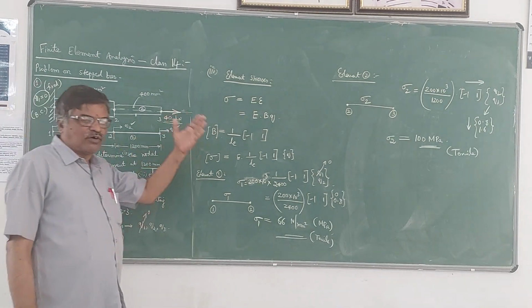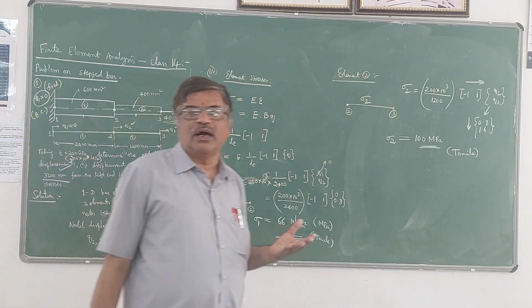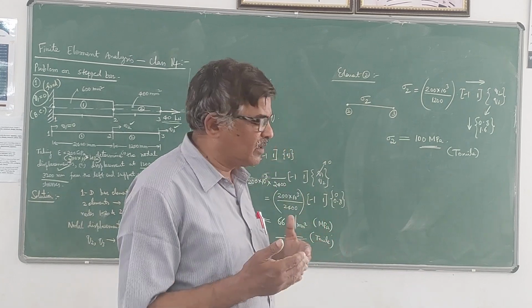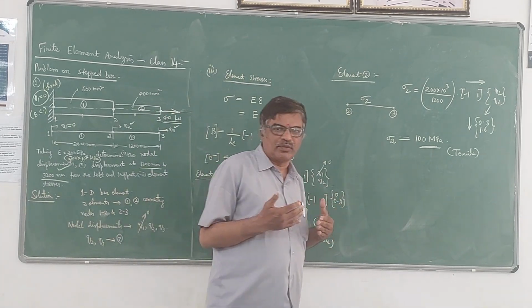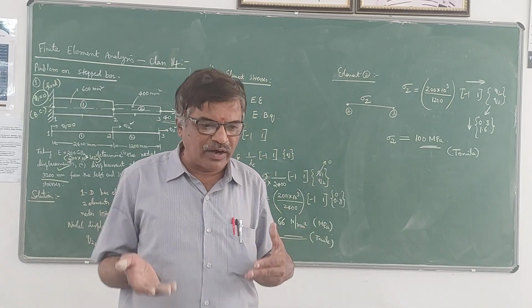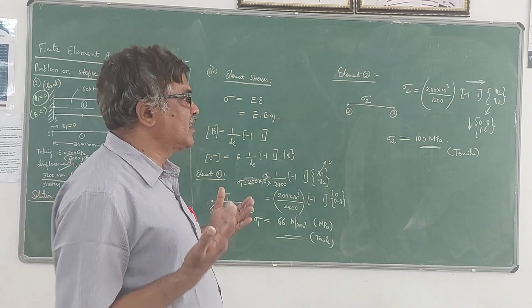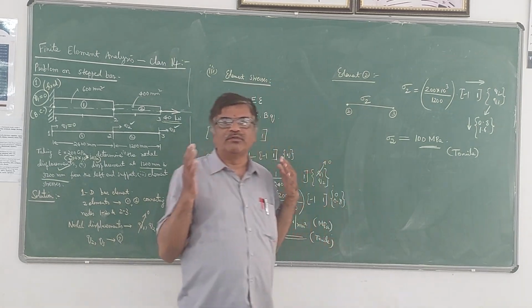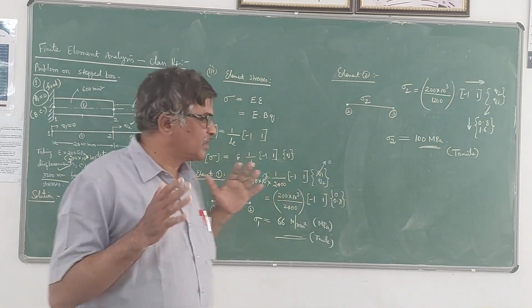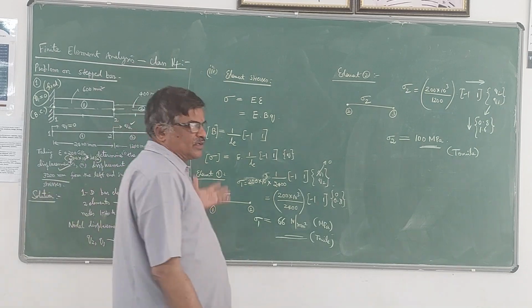For that, we have found out the shape functions n1 and n2 at the required element using the concept 1 minus zeta by 2 is n1 and 1 plus zeta by 2 is n2. After finding zeta, we have got n1 and n2. Then using the equation u is equal to n into q, we have found out the displacement at the required point.